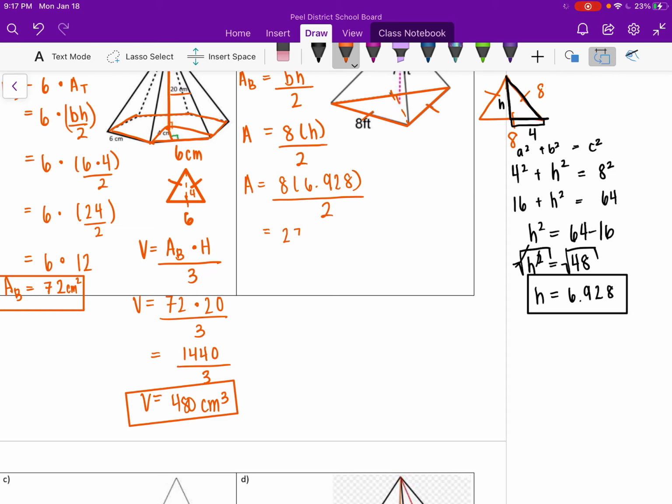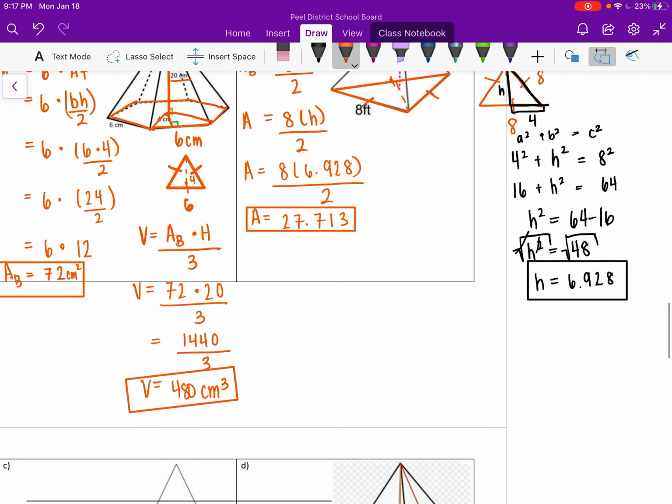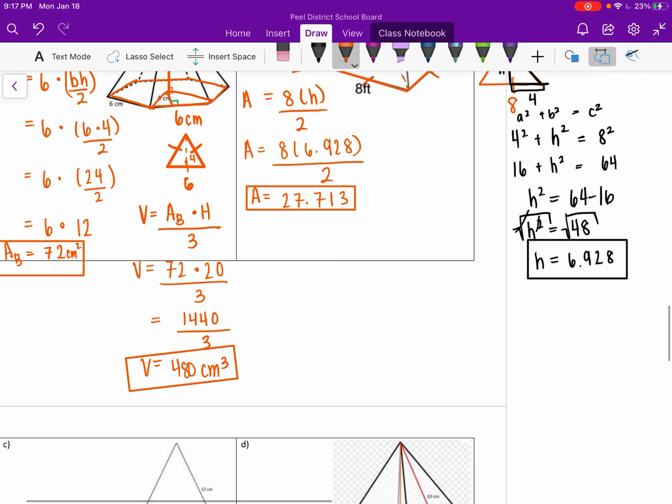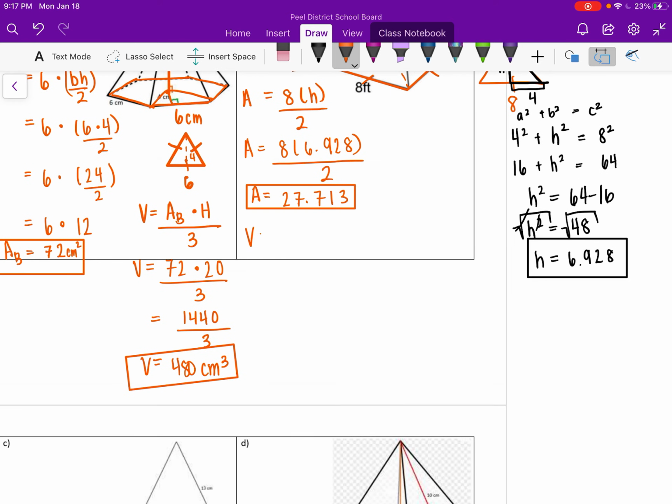So I got area is equal to 27.713. If you got in and around that number because of the numbers you used, that's fine. Okay? So I have 27.713, right? And if I want to find the volume, volume is equal to area of the base times the height.